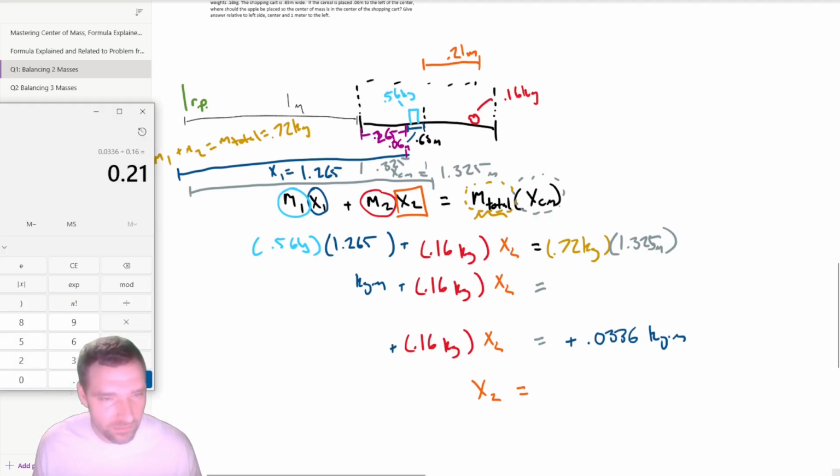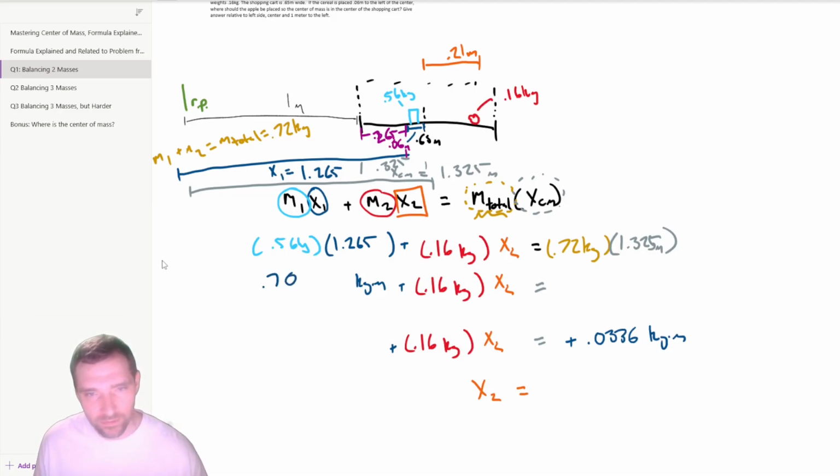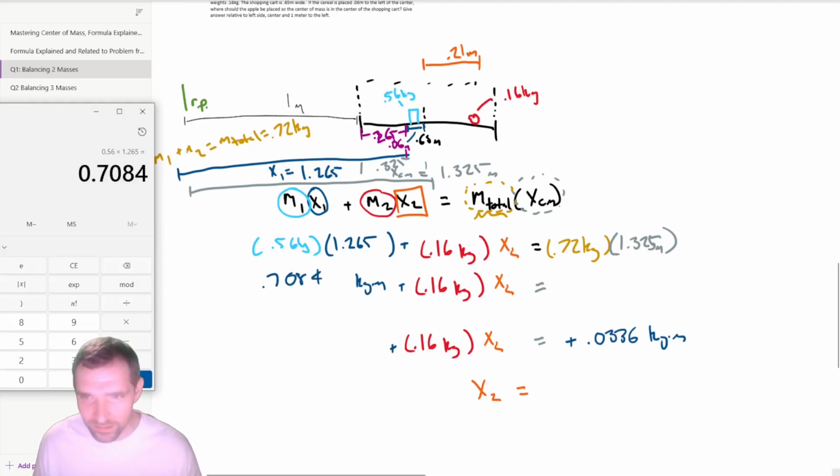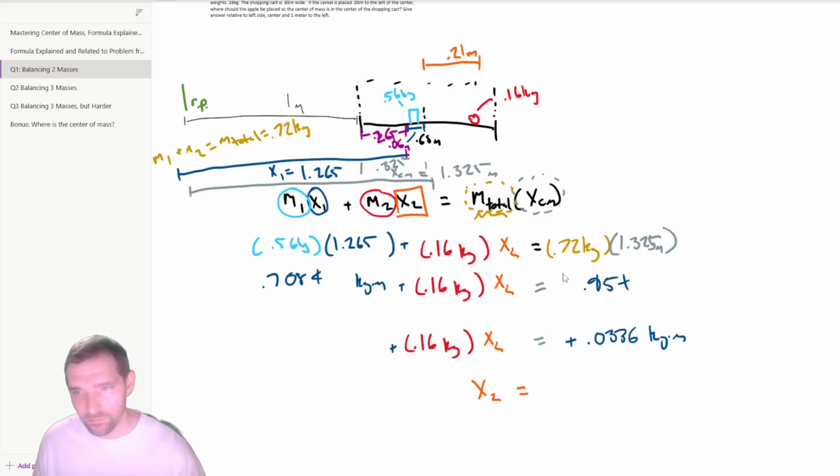So let's go ahead and see that. We've got 0.56 times the 1.265. Okay, we've got 0.7084 kilogram meters, and then on this other side we've got the 0.72 times the 1.325, okay, 0.954 kilogram meters, and then we can bring that over.